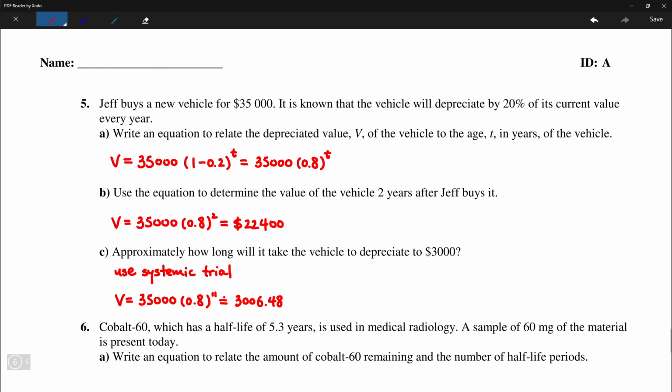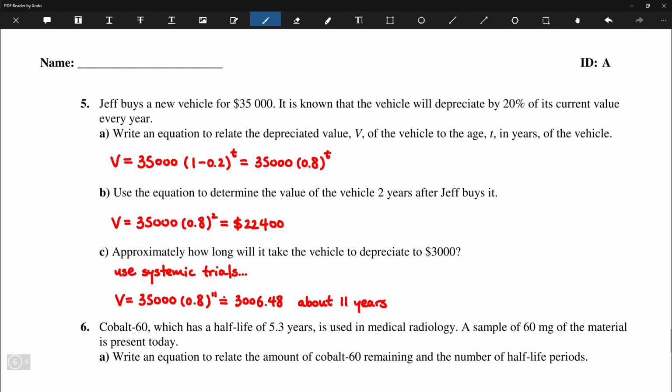So about 11 years is how long it will take for the vehicle to depreciate to $3,000. Just to reiterate, once we complete the next unit, there will be an easier way of doing this question instead of trial and error or systematic trials.